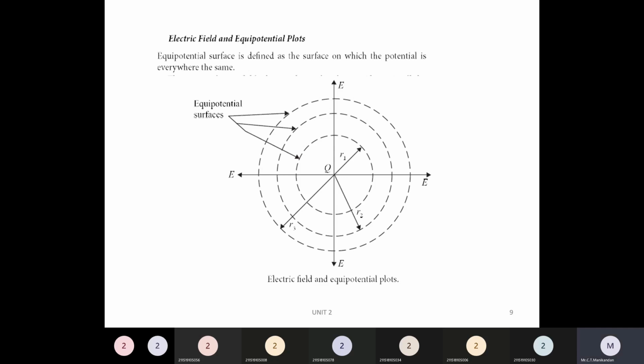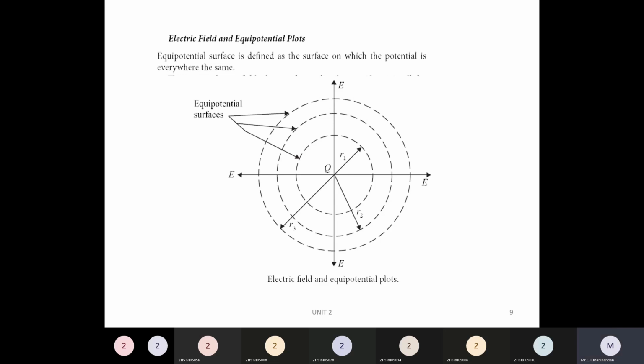Next, we can go through the electric field and equipotential plots. We say a surface is an equipotential surface when the potential is the same everywhere on it. In the diagram, I am placing a point on R1, and it shows one potential. Then I move to the left-hand side, and at that point it also shows the same potential.